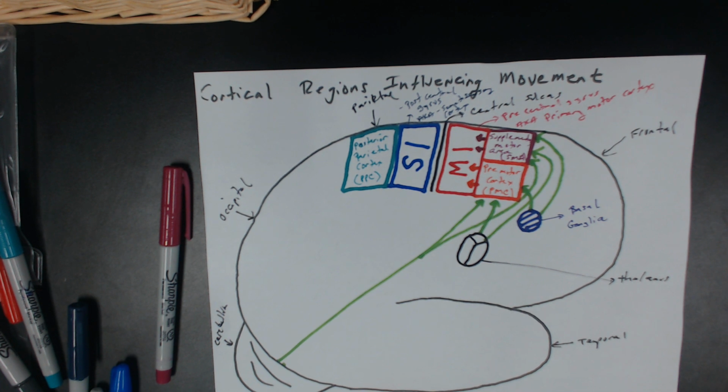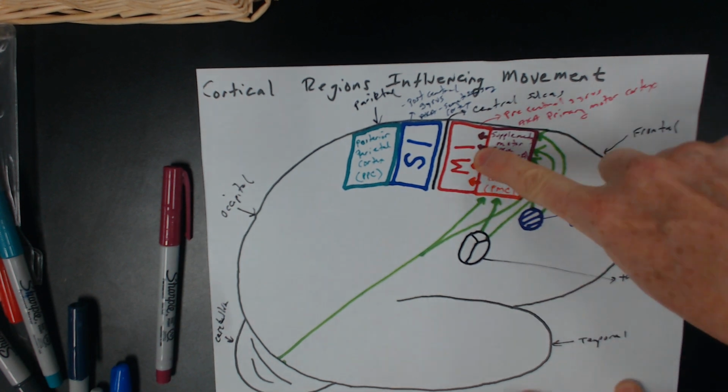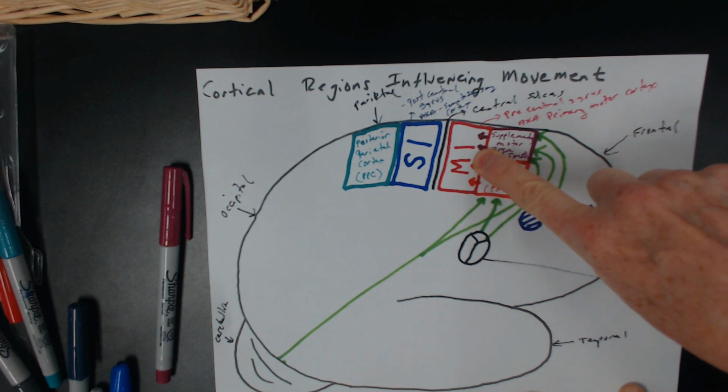Because something changed. That's the information coming in from the cerebellum, and also the somatosensory information coming in from the thalamus. They're saying, well, something changed, stop, you could get hurt. So that information is processed here, and then if everything's good, the go-ahead is given to the primary motor cortex to go forward. Make sense?